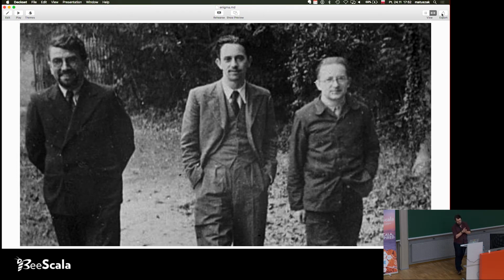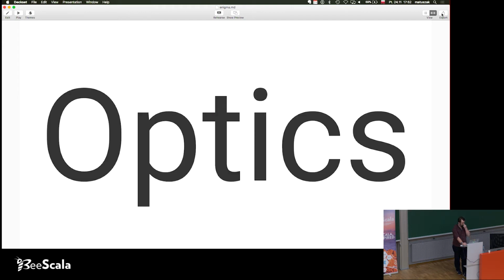One of the guys, called I think Różycki, was studying group theory. So he was able to apply this group theory, which at the beginning of the previous century was something new, to crack the machine. Okay, so now go back to Scala and optics.